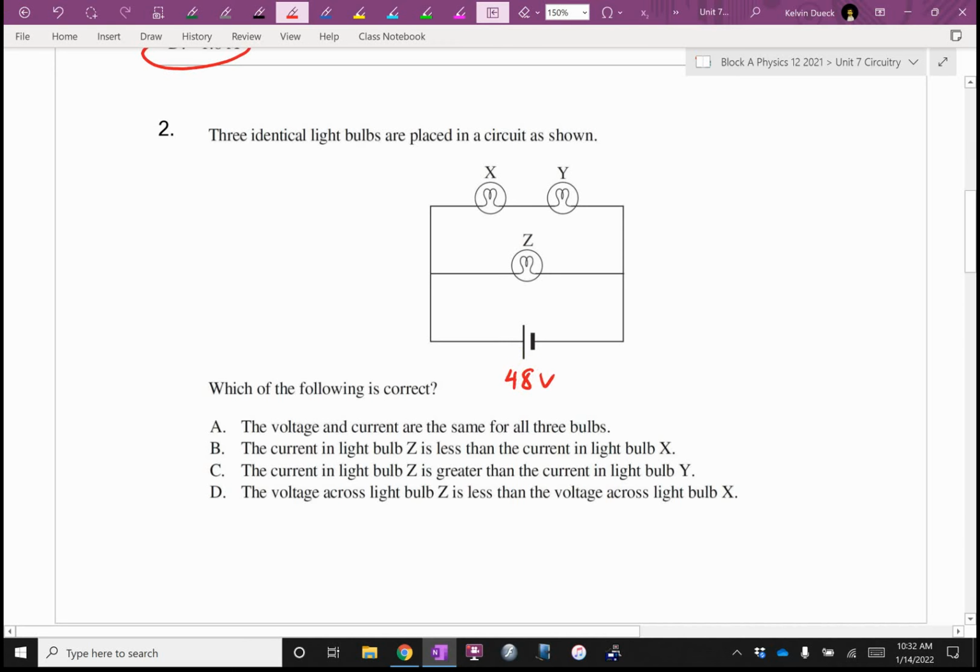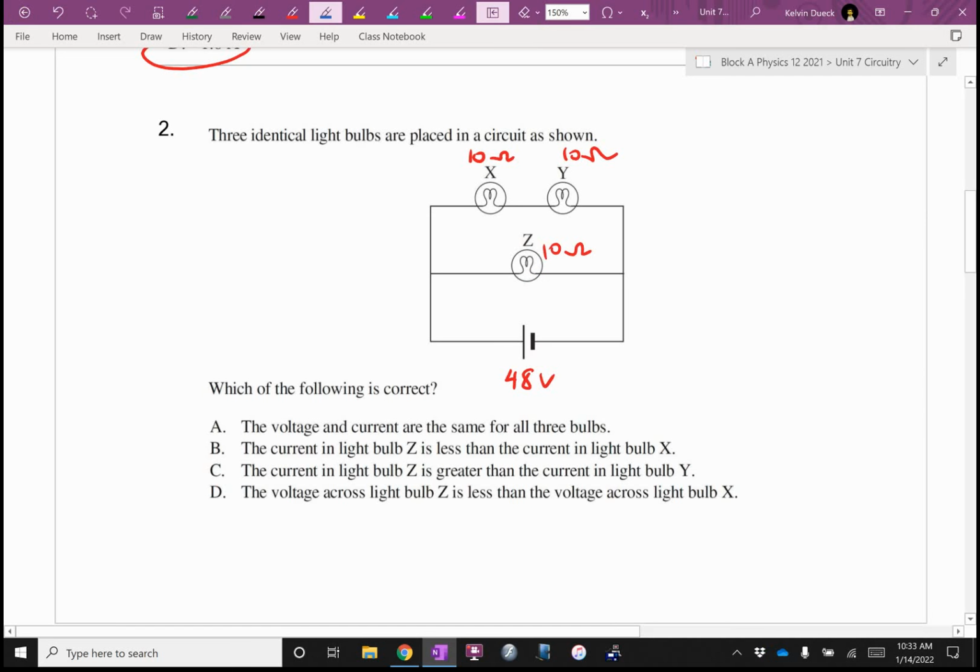Who knows? And then it says they're identical bulbs, so they must all have the same resistance. Identical resistances. You know what? I'm going to go 10 ohms, 10 ohms, 10 ohms. Okay. Hey, how many volts go through Z?